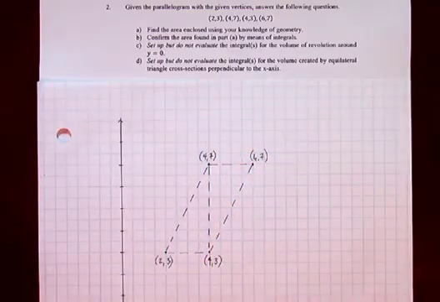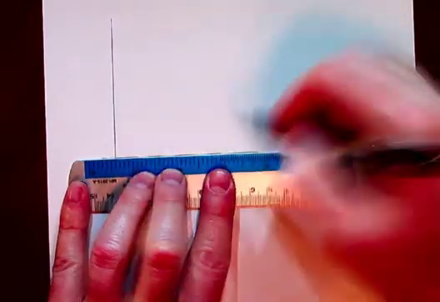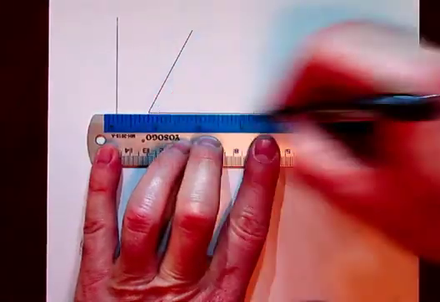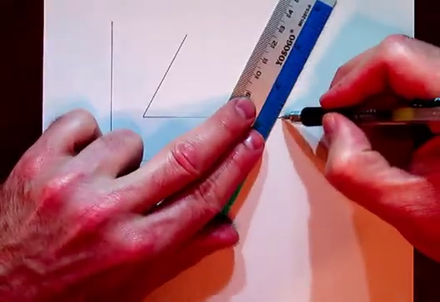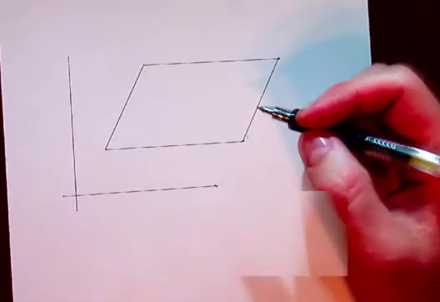It actually chops it into 2 right triangles, which is nice because if I'd been given a parallelogram that was more like this, then you would have had sort of 3 regions.